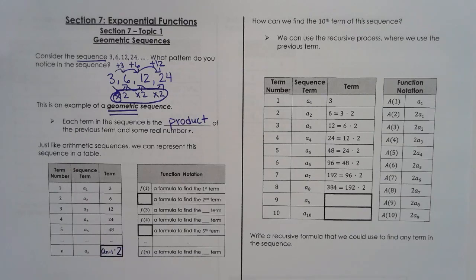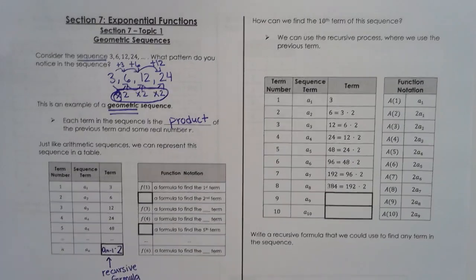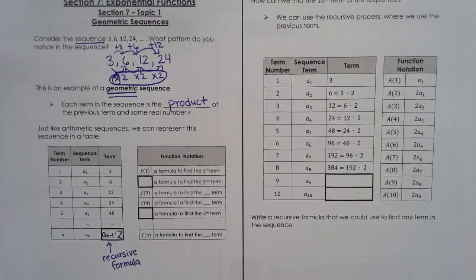Remember from arithmetic, this is called the recursive formula. All the recursive formula means is that if you know the number that comes before a number in the sequence, and you know the common ratio, you can multiply those two things to find the next one.